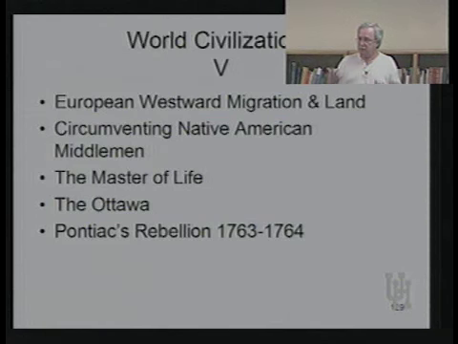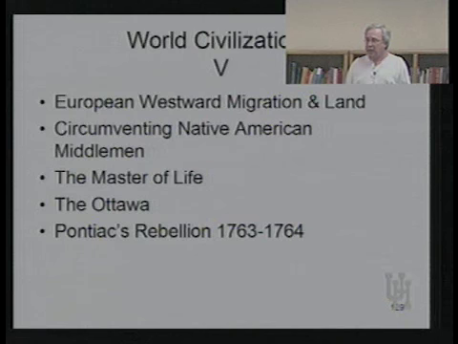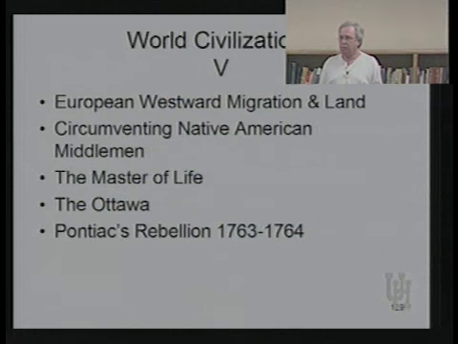As a result of this, societies under stress often turn towards messianic movements, to the belief that there is going to come a savior who will reverse the course of history and restore these people to their rightful position. That happened among the Ottawa, the belief in the master of life who would drive off the Europeans.